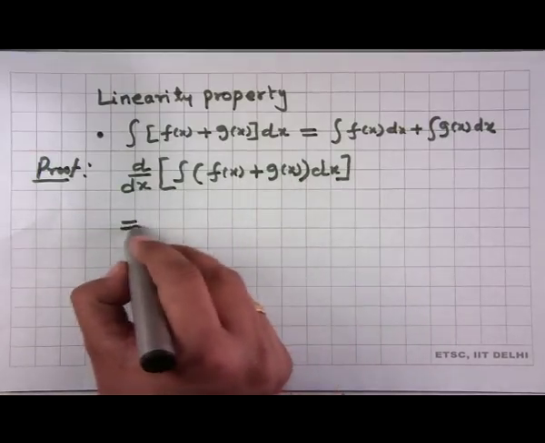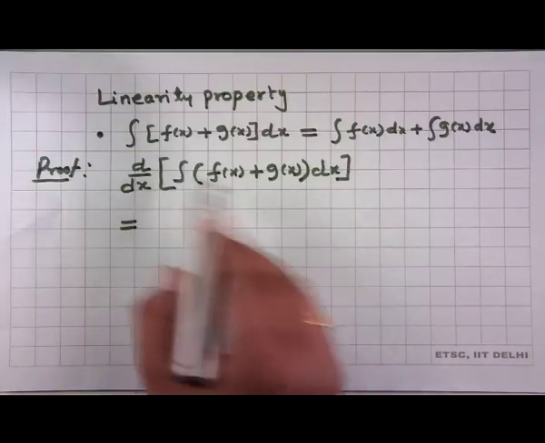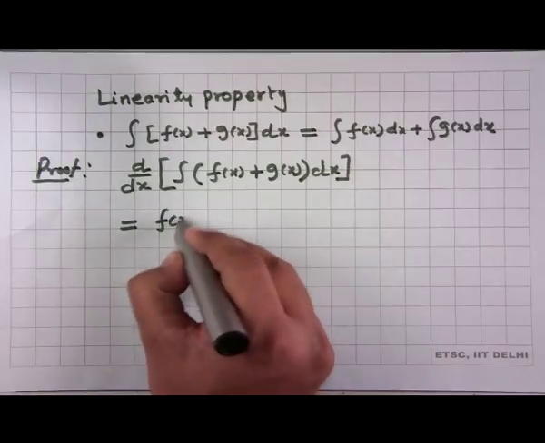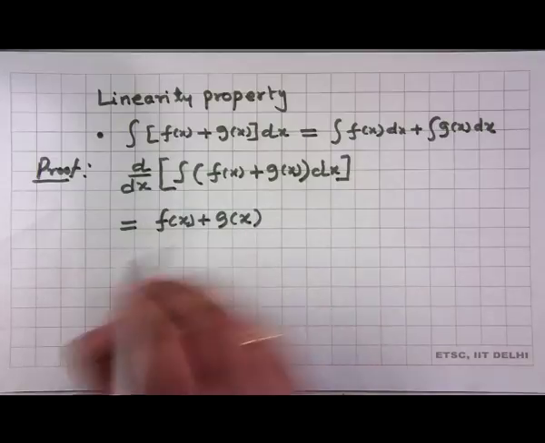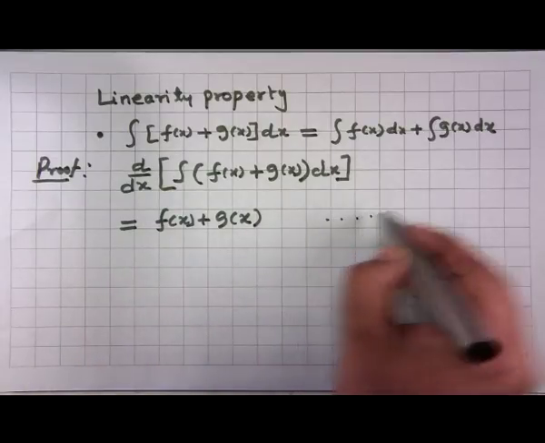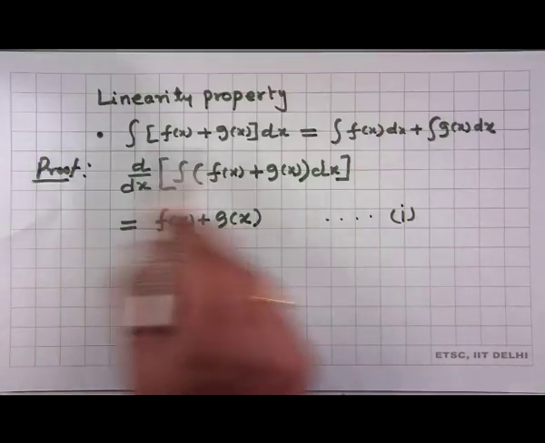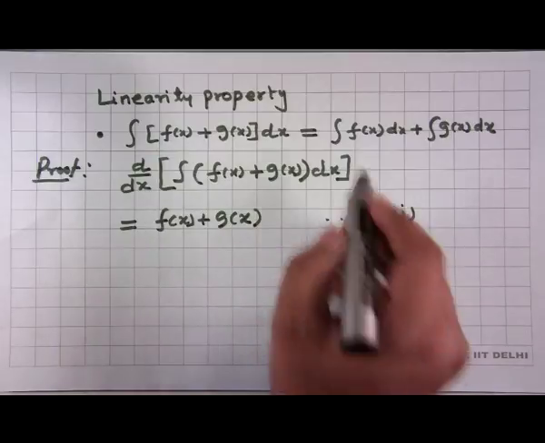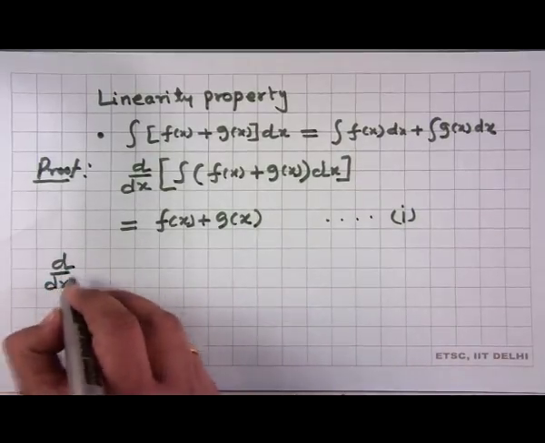So, using property 1, the derivative of this integral is nothing but f x plus g x. This we call relation 1, which is coming from the left hand side. Now, we will do a similar thing on the right hand side, differentiate the right hand side.